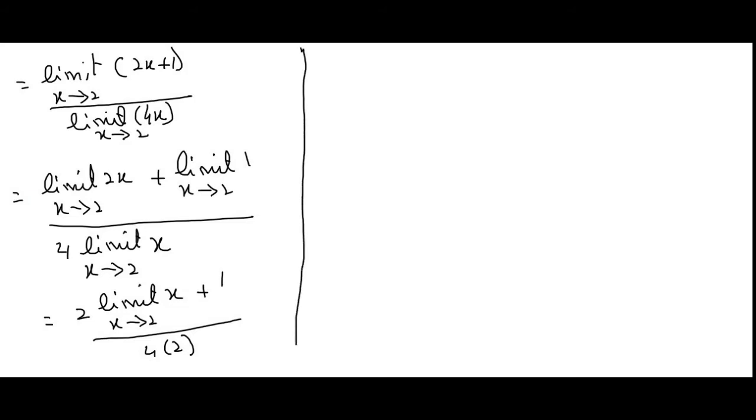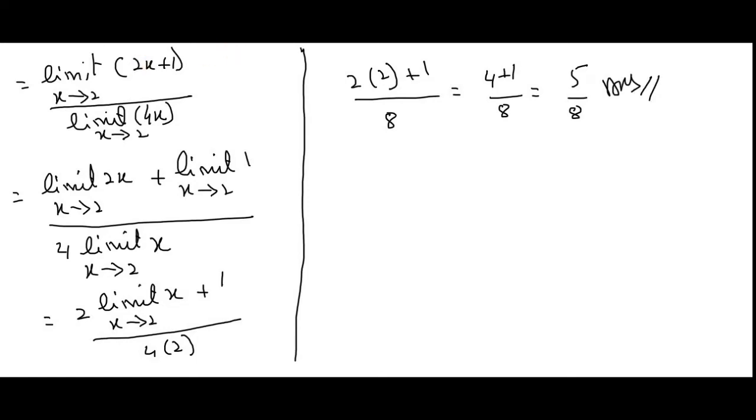I'm just putting the values here, so 2 into 2 plus 1 whole divided by 8 is equal to 4 plus 1 over 8, so 5 by 8 is the answer.